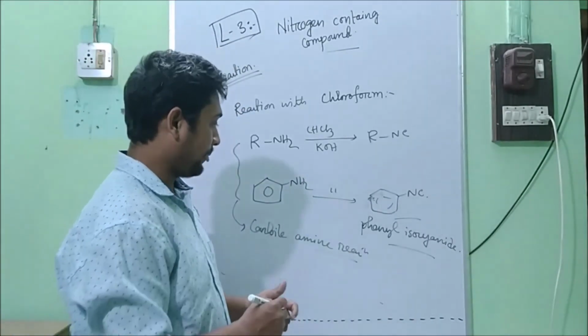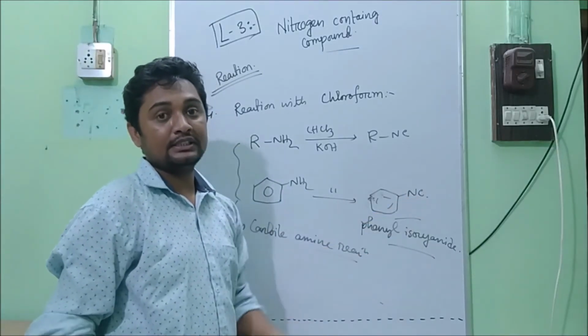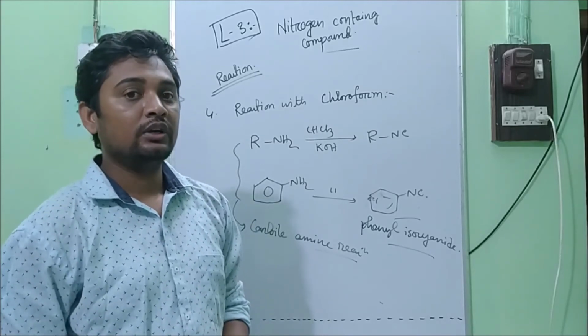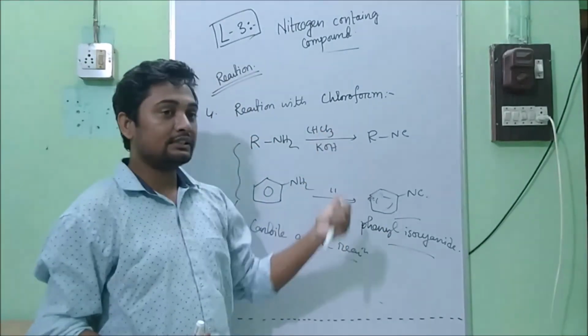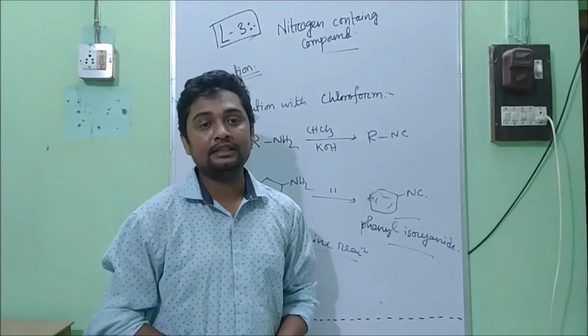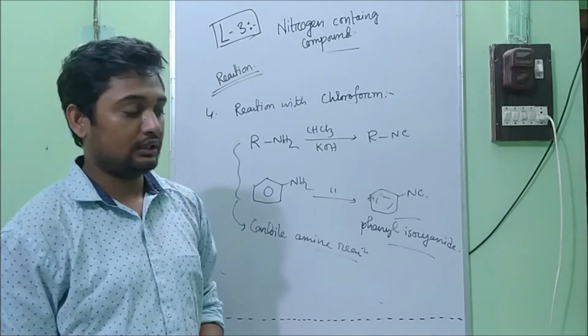The isocyanide compound has a very bad smell, and this is an identification smell. So if any compound contains an NH2 group and you add these reagents, you will have a bad smell of isocyanide, and by this reaction you can identify whether any compound contains an amine group or not.